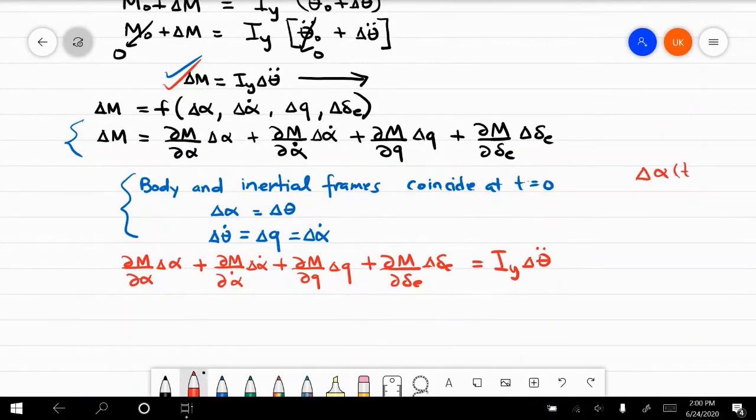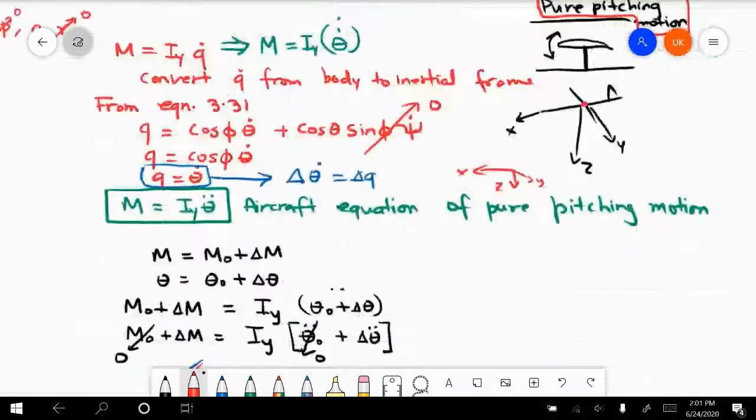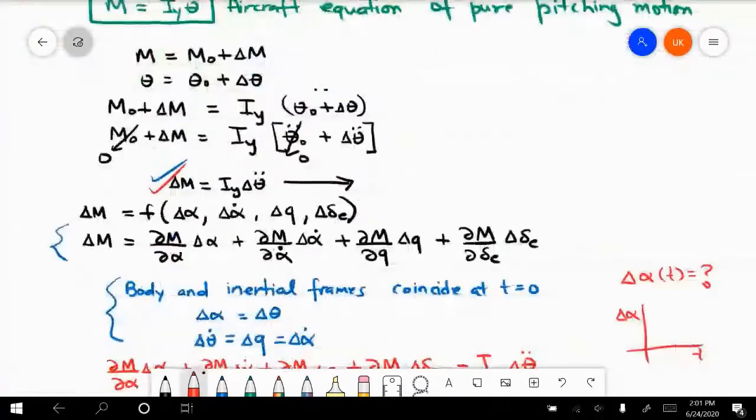So I want to know this. So is the angle of attack going to oscillate? Is the angle of attack going to monotonically decrease to 0? Is the angle of attack going to monotonically increase? Like, how does this delta alpha evolve with time after it is disturbed? Okay, in this wind tunnel here, what is it going to do?